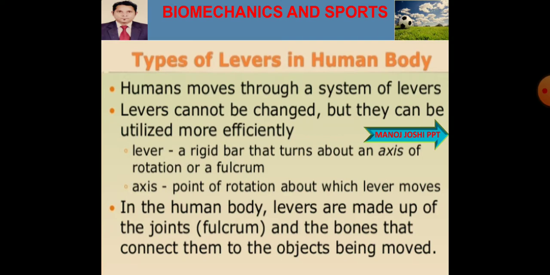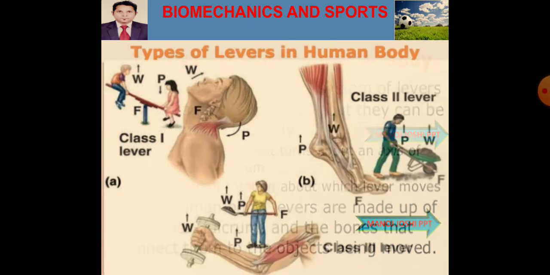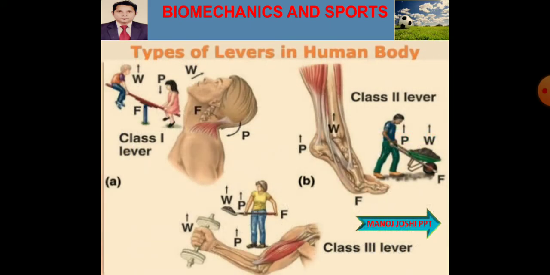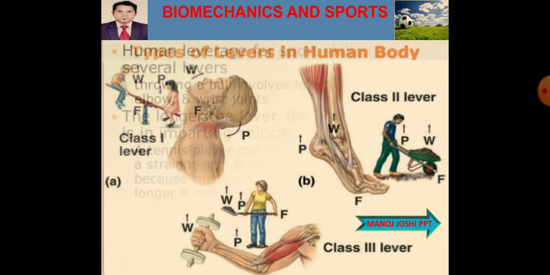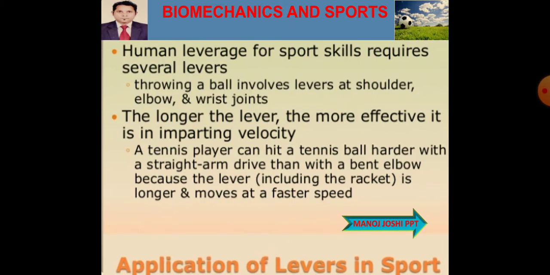So this is the lever and its types. Various examples I have given you, so that you can understand the lever and its types. Here again, according to the bones and joints, we can see the levers and their types in our body. Human leverage for sport skills requires several levers.